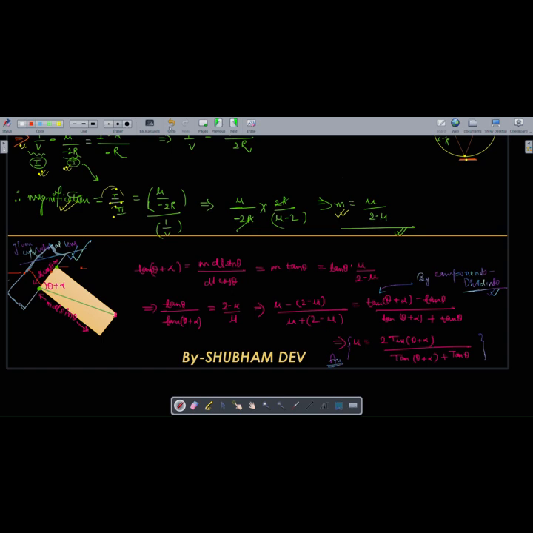So let us now move on further. This is the outer segment of the cylindrical lens placed on the ruled part.